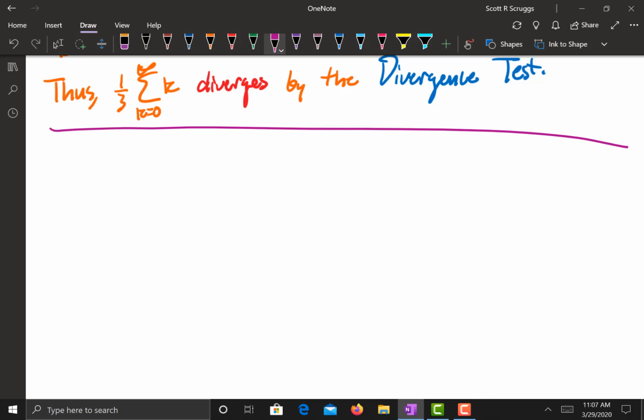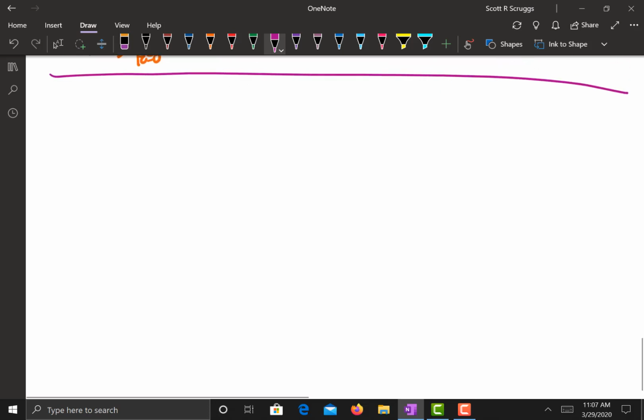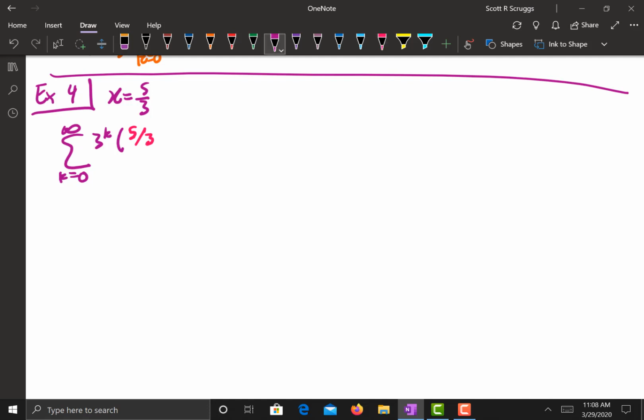First, let's see what happens when I plug in 5/3 for x. So this is example 4. I'm going to plug in x equals 5/3 wherever I saw an x. So that is the sum, k goes from 0 to infinity, 3 to the kth power times 5/3 minus 2 to the kth power. 5/3 minus 2 is just negative 1/3.